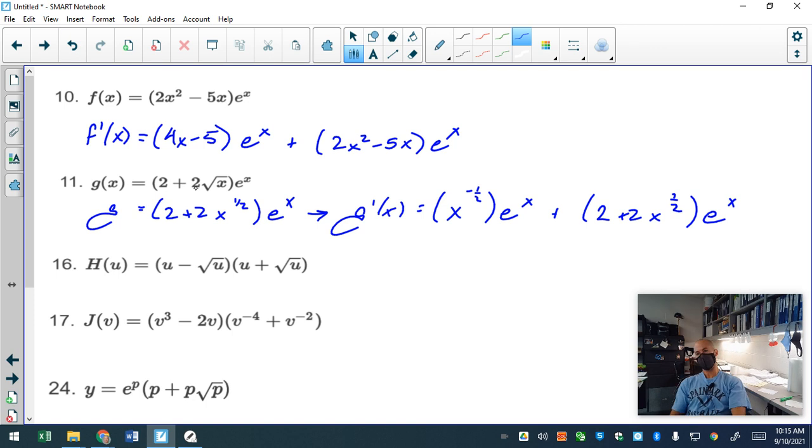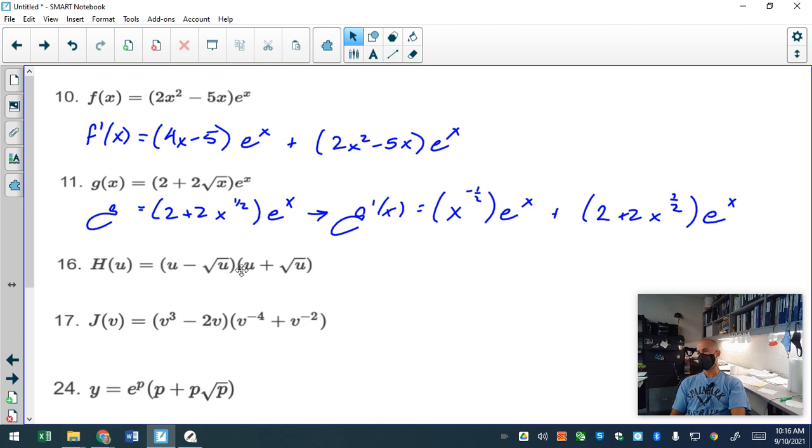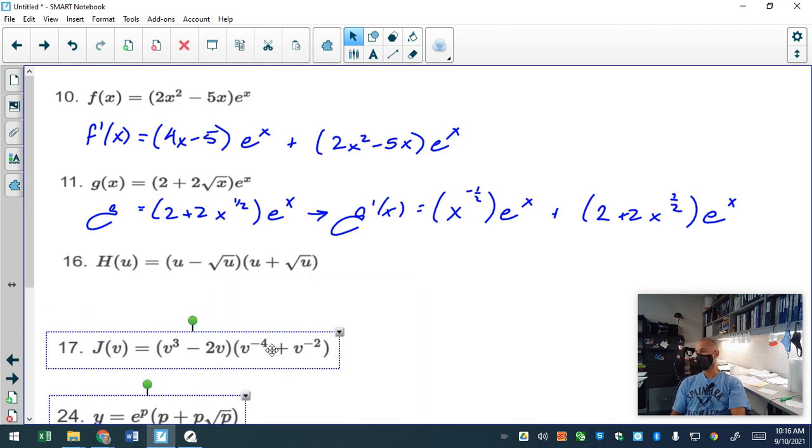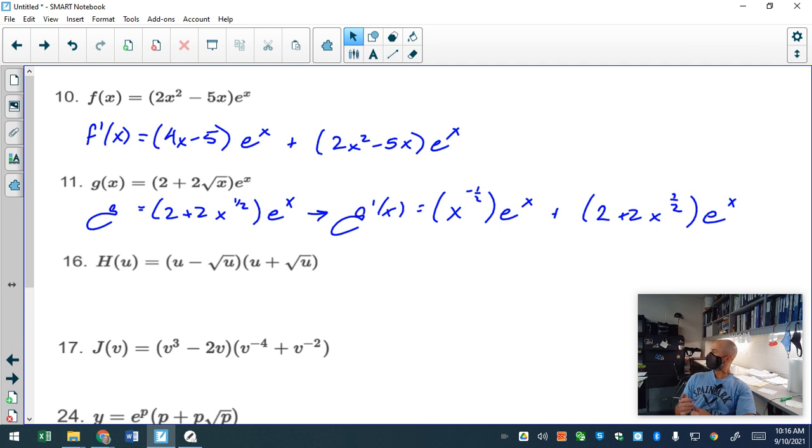Okay. What about 16? What'd y'all do for that one? Did you do anything? Yes, this is one where I would not do the product rule. This one foils quite nicely because they are conjugates. These are the same types of functions. They're all power functions. They're all u to a number power.